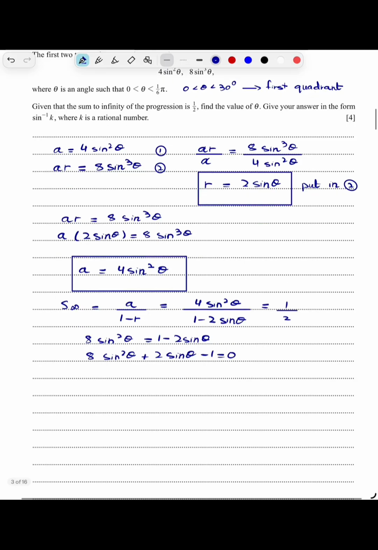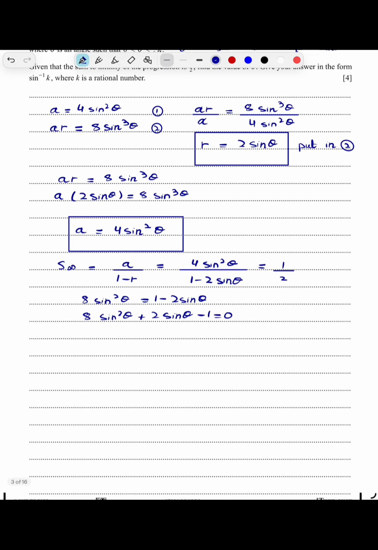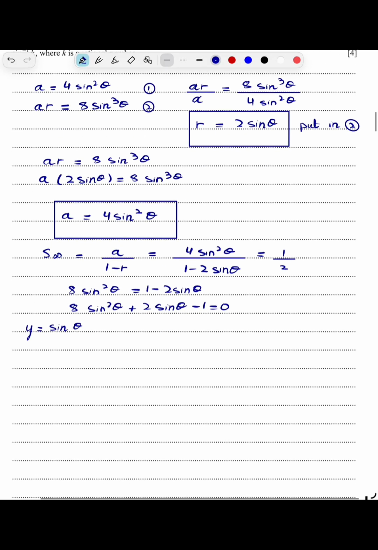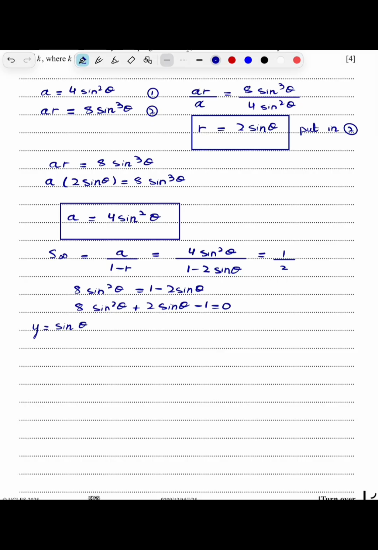Sine is actually associated with the y-axis, the vertical axis. So let's just assume for simplicity that y is equal to sine theta. We could use any variable, but for sine I like using y, and for cos I like using the variable x. So we get 8y square plus 2y minus 1 is equal to 0.